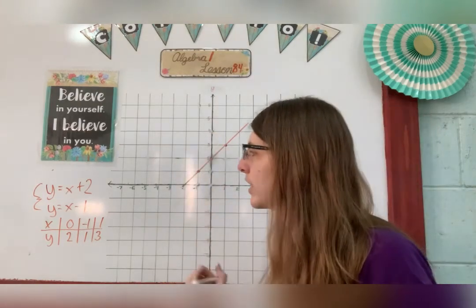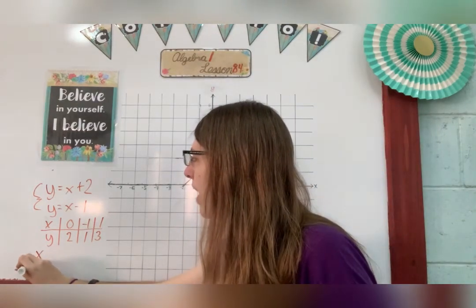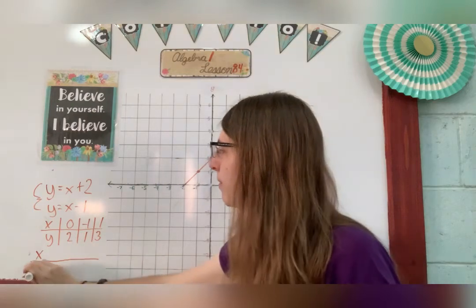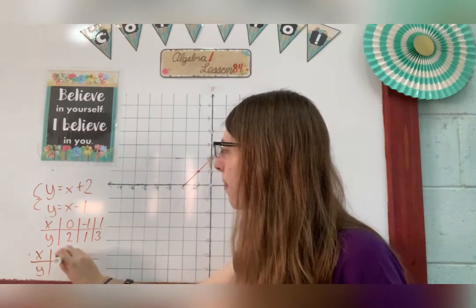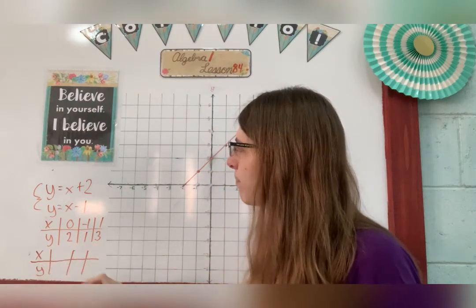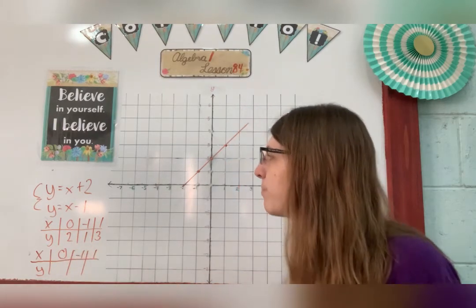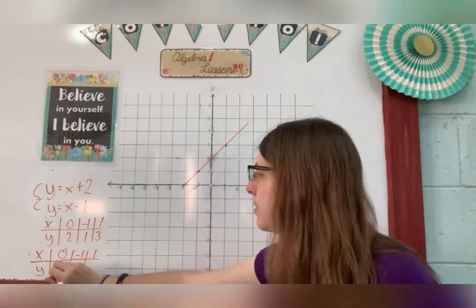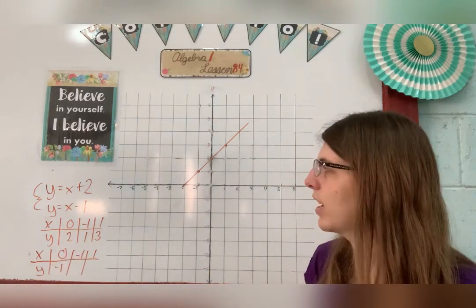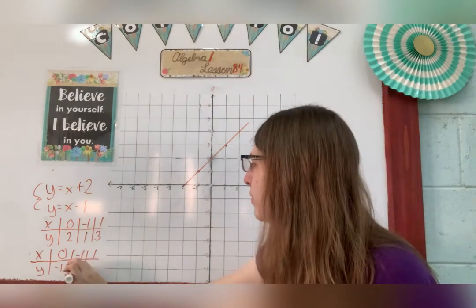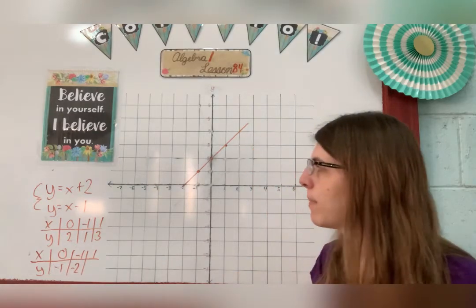Okay, then I have my next one. Set up my x and y's. I'll do the same ones. 0, negative 1, and 1. 0 minus 1 would be negative 1. Negative 1 minus 1 is negative 2. 1 minus 1 is 0.